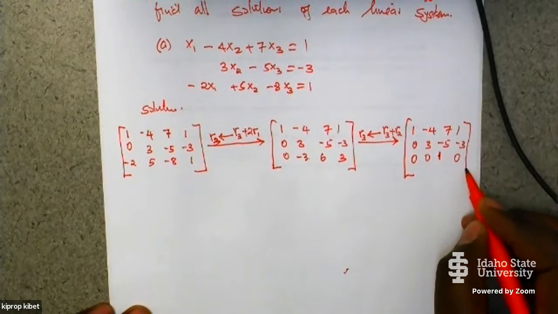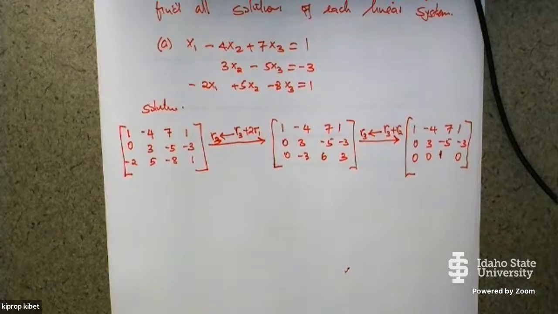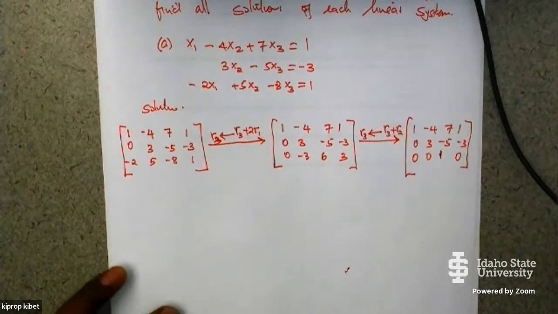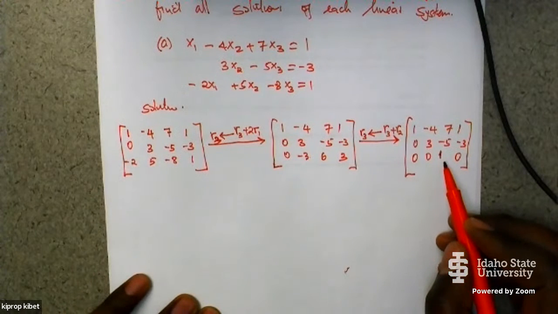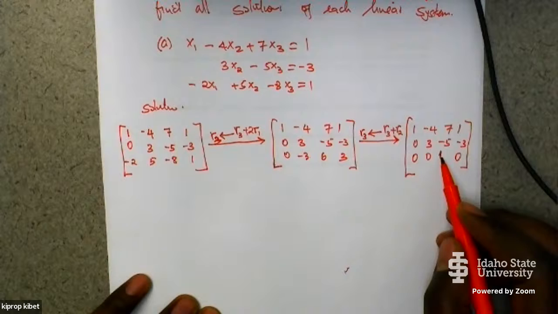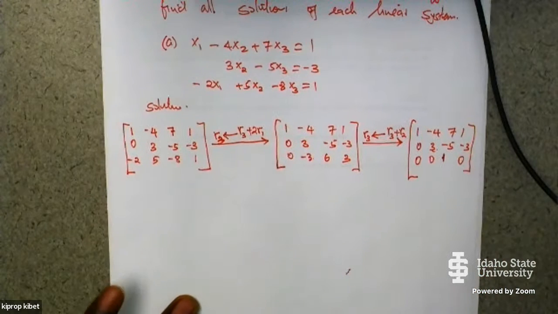Okay, so that is now the echelon form. So we have the pivot positions: this, this, and this.